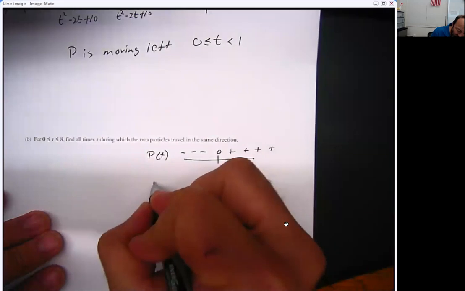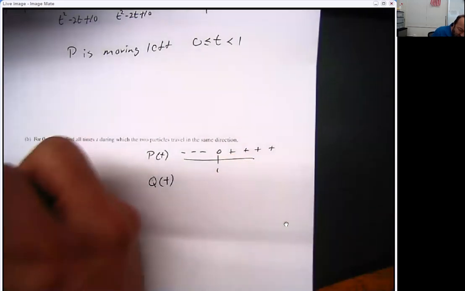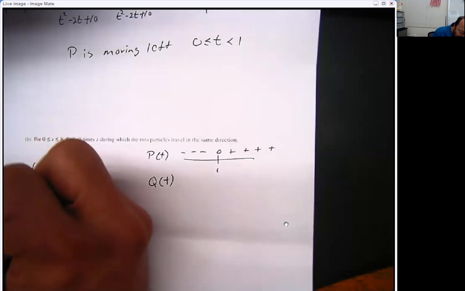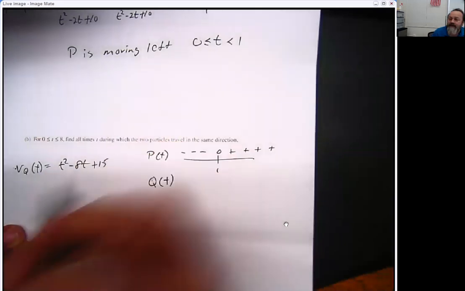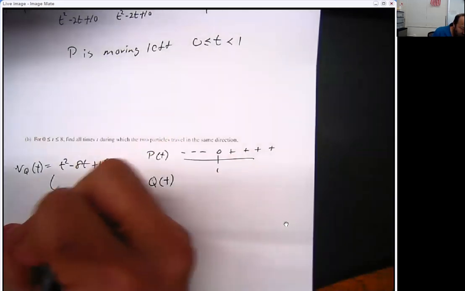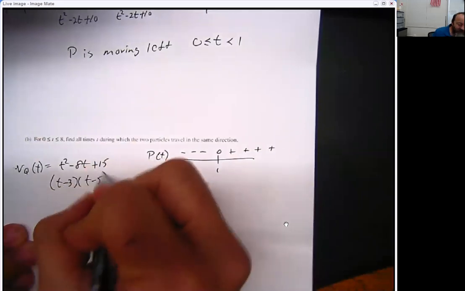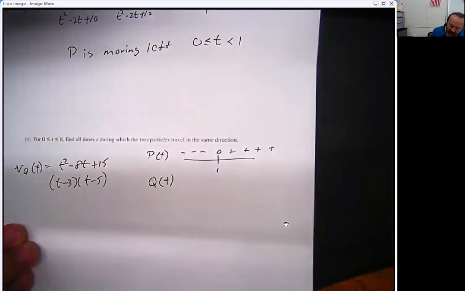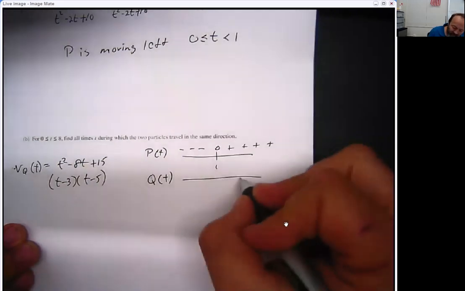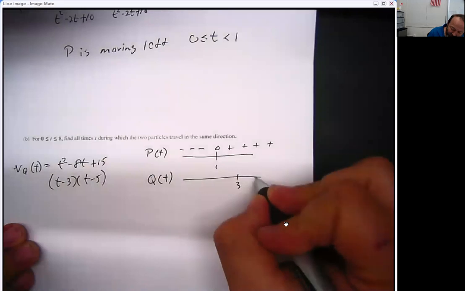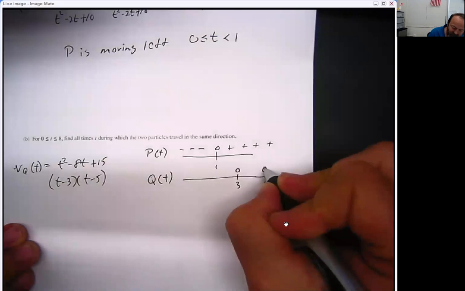So let's figure out what is happening about Q. Now, v sub Q of t is a simple little function like this. And as it turns out, that one was just hung out there for us, just like a nice soft pitch. It factors beautifully to t minus 3 and t minus 5, meaning at 3 and at 5, the velocity of this particular function would be 0.